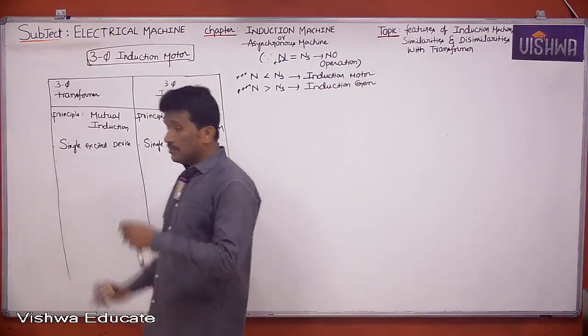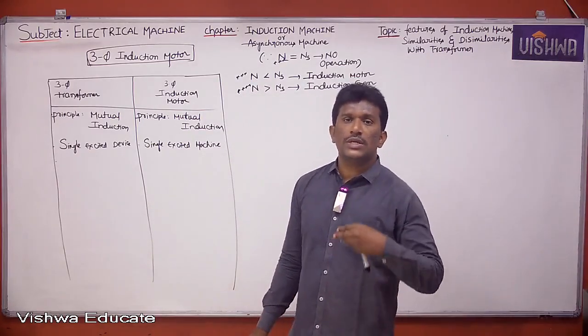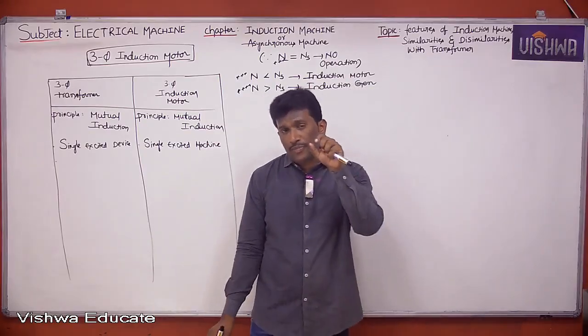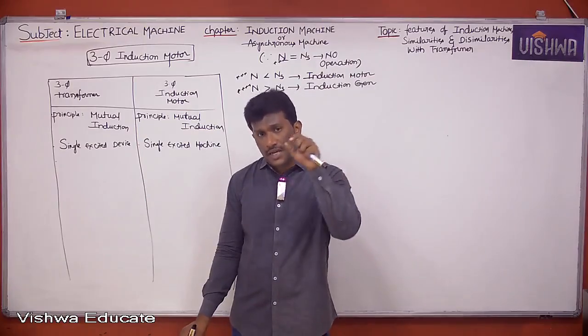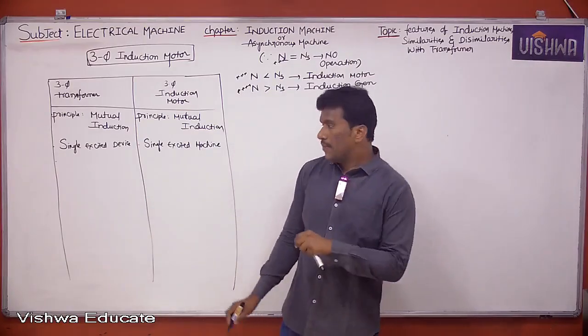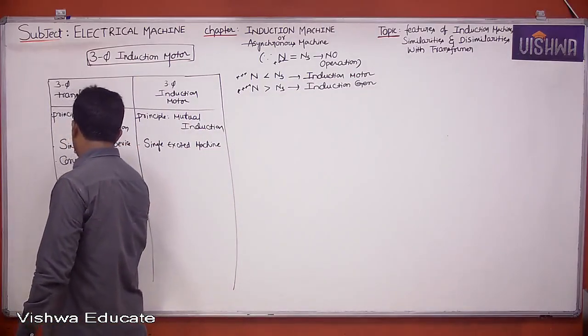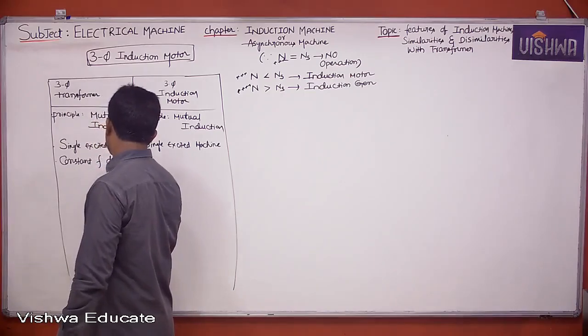Next, I told you a transformer is a constant frequency device. That means the frequency of the primary induced EMF will be the same as the frequency of the secondary induced EMF. So let me write here: it is a constant frequency device.